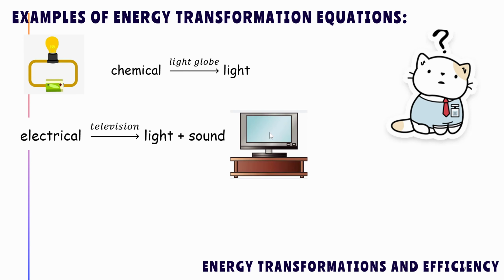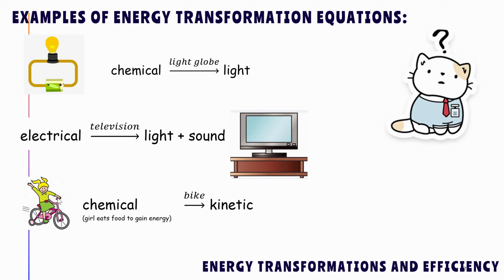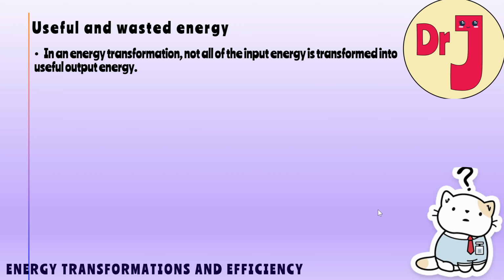If we had a television, we would have electrical energy at the input, we would have light and sound at the output, and the television is the object that's transforming the energy. Then we have a girl on a bike, so she has chemical energy, so that the girl eats food to gain that energy, so that's our chemical energy.